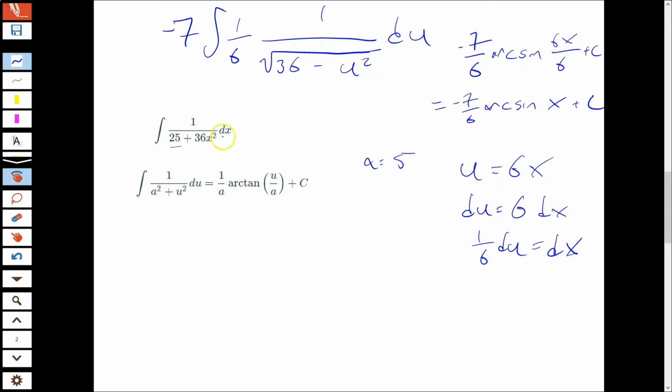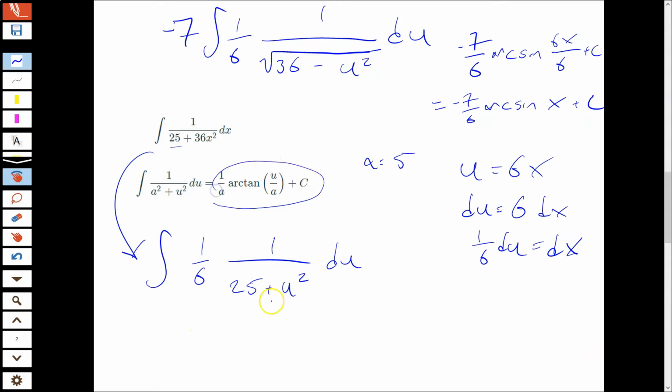So I can make that substitution right away. This is going to give me the integral 1/6, still 1 du, u squared, and 25. And then my a is 5, right? I'm going to now just follow the model. So 1/6 is still chilling, and then I have 1 over a, and a is 5, right?